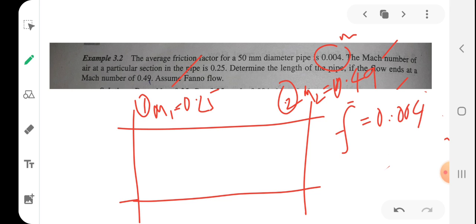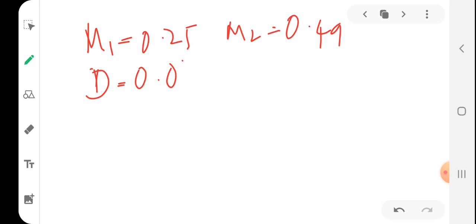Friction factor has no unit. I'm sorry, I took it as meter earlier. The diameter is 50 mm, which means 0.05 meter. So here D will be 0.05 meter, and F bar is 0.004.